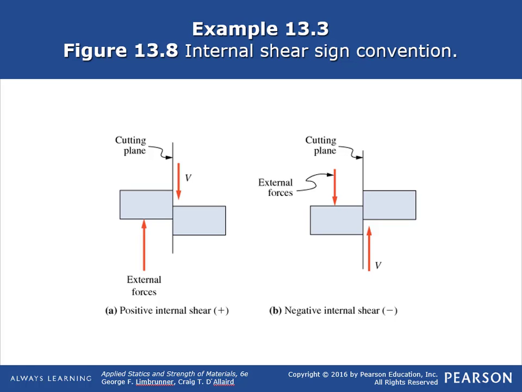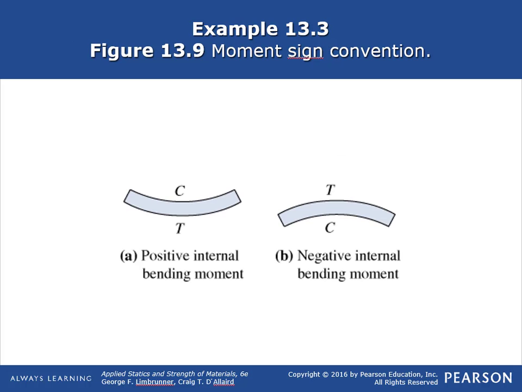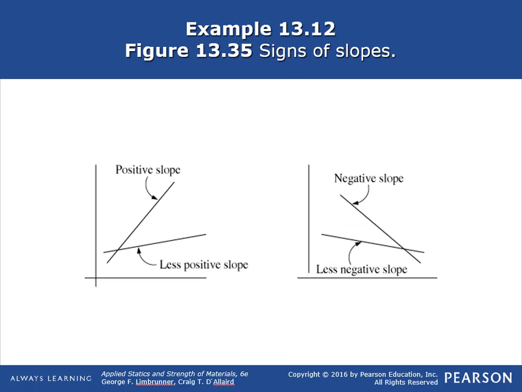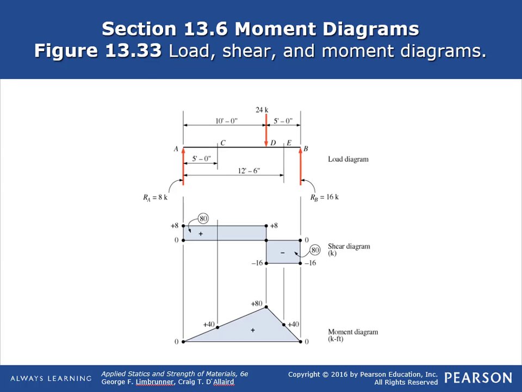This is your convention for positive versus negative shear. This is your sign convention for bending moments, what a positive bending moment is versus a negative bending moment. And when you're constructing the diagrams, they're going to ask you to draw bending moment diagrams. If you have a lot of distributed loads, you're going to have slopes that you're going to have to deal with in your bending moment diagrams. Here was a shear and bending moment diagram of one of the examples in the textbook.